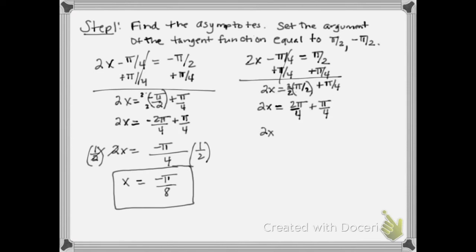So 2x is equal to 3 pi over 4. Again, I have to get rid of this 2 so I can get x by itself, so I multiply both sides by 1/2. And I get x is equal to 3 pi over 8. So my asymptotes are negative pi over 8 and 3 pi over 8. Okay, I'm almost there.